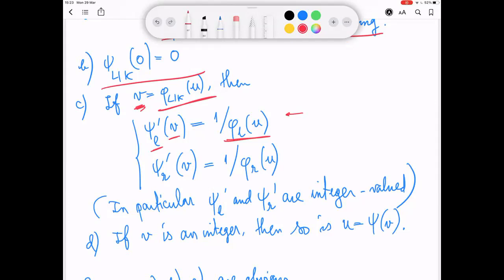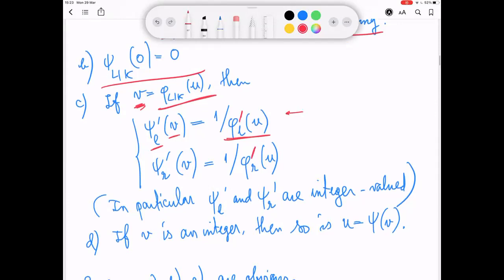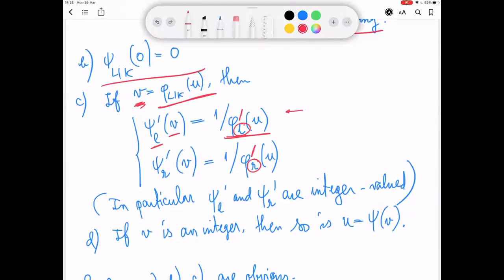So it has to be the derivative here and the derivative here, because otherwise the left and right doesn't make sense, right? So the left derivative of psi at some v, which is phi of u, is 1 over the left derivative of phi at that u, and similarly the right derivative of psi at the same v is 1 over the right derivative of phi at the same u.